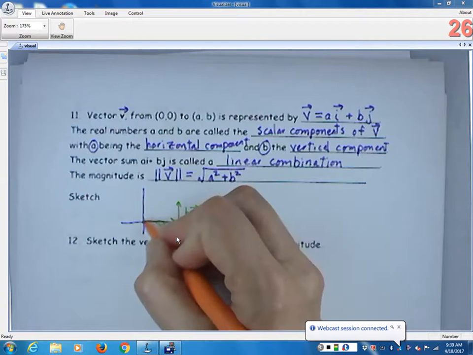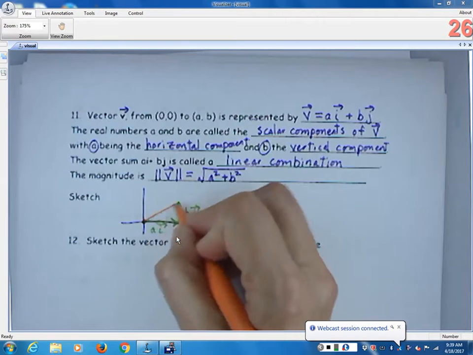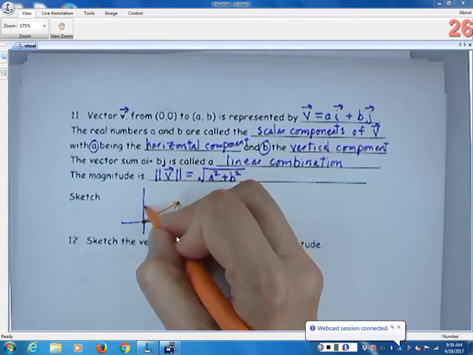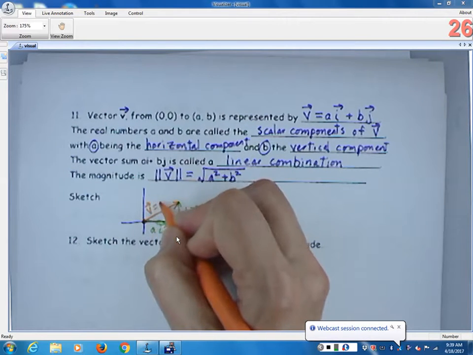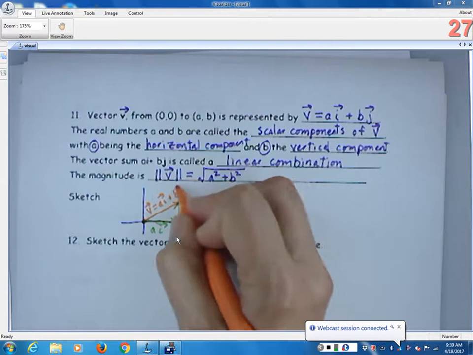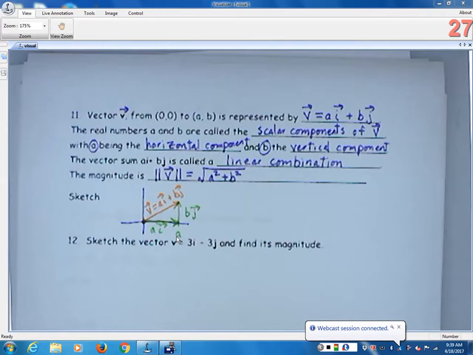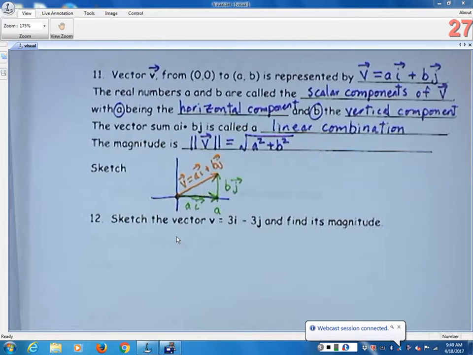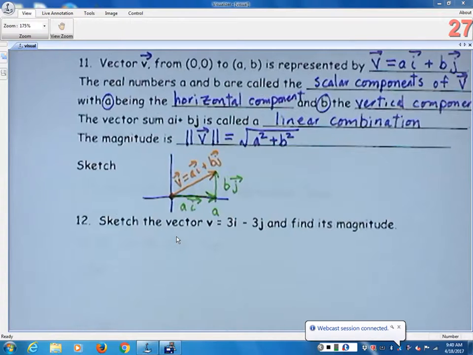It's going to go from here to here. This is b. That's vector v. Can you see that? All right.